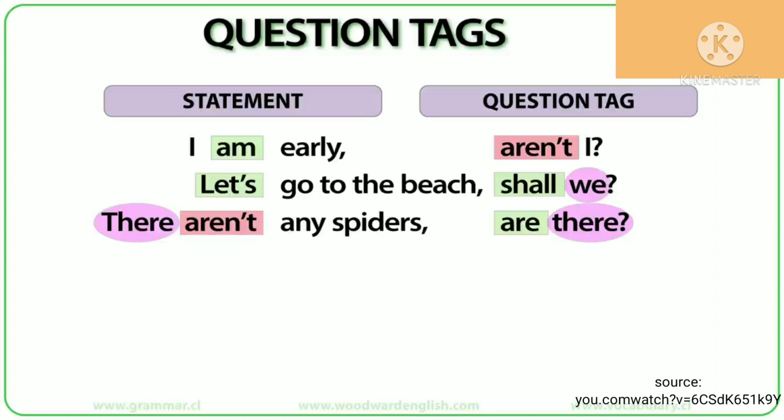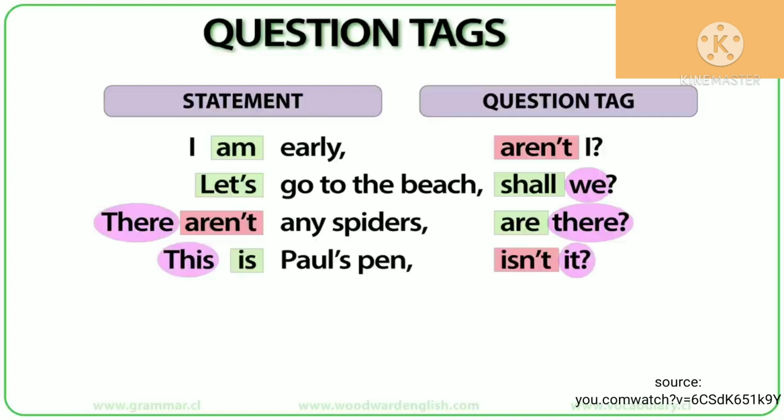Notice how we use there in the question tag. This is Paul's pen, isn't it? We don't say isn't this, no, we say isn't it. Don't forget, will you? With negative imperatives, we normally use will you as the question tag.